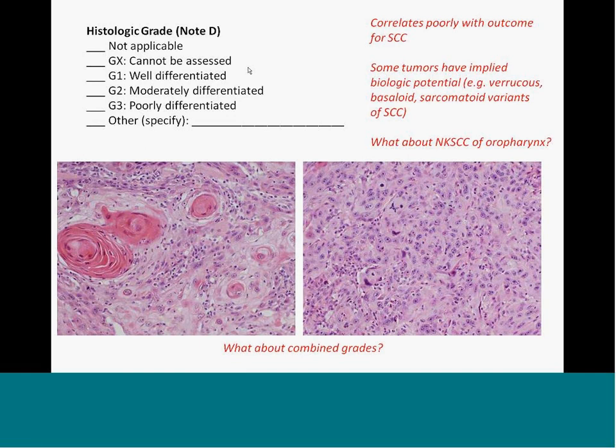you would grade those moderately or poorly differentiated, just depending on how much atypia you have. But I think many people now are recommending that you don't grade them because they really have, again, an implied biological potential, based on the fact that they are HPV-related cancers. Overall, they tend to behave better than conventional squamous cell carcinoma, than smoking, drinking-related carcinoma of the oropharynx.